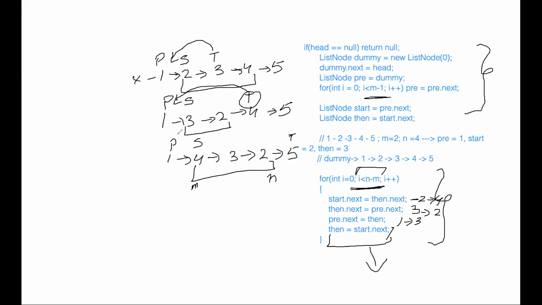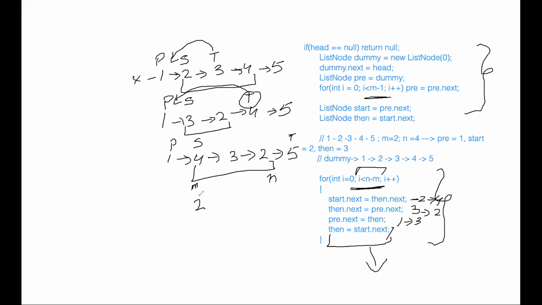In the first for loop we are going till m minus 1, right? So it will go from 0 to m minus 2, and I think it will set to m minus 2, right? But if you see here, our m is this, which was 2.